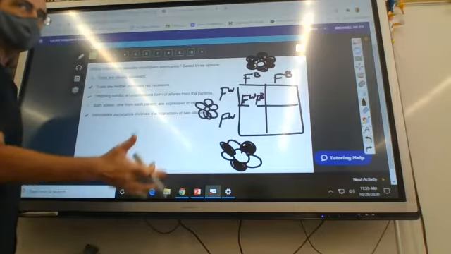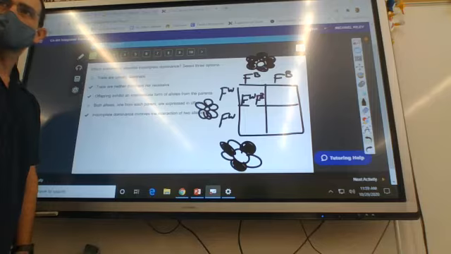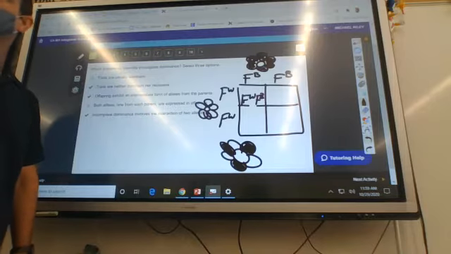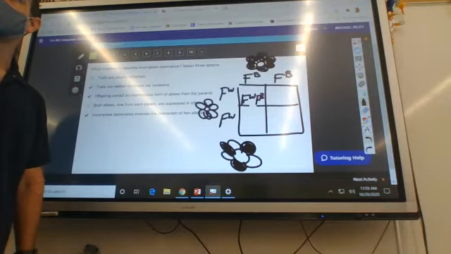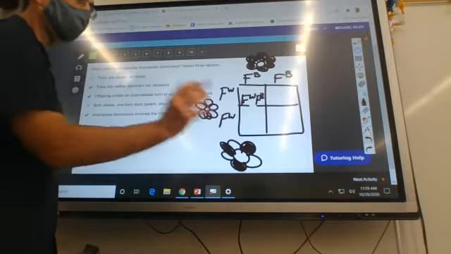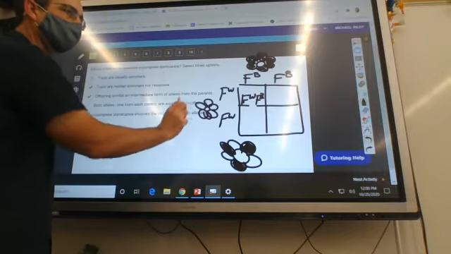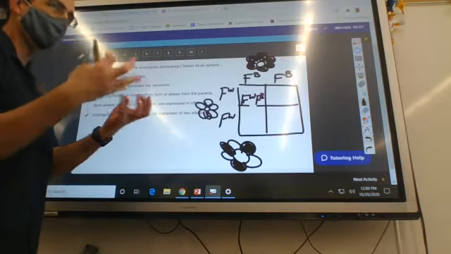If it's incomplete dominance, can anybody tell me what the color would be? What's black and white mixed together? Gray. Codominance means each trait, black and white, shows up. Incomplete dominance is like a blending.